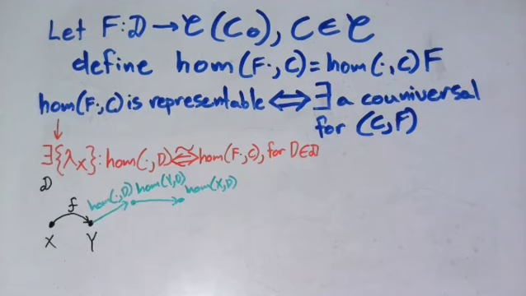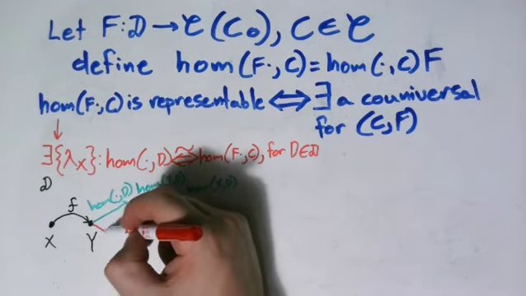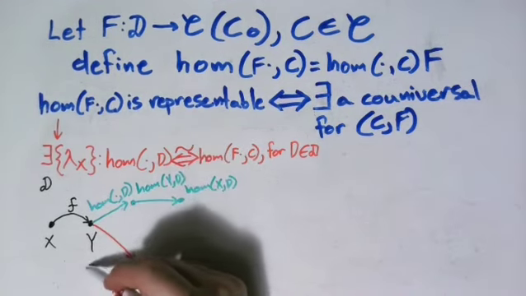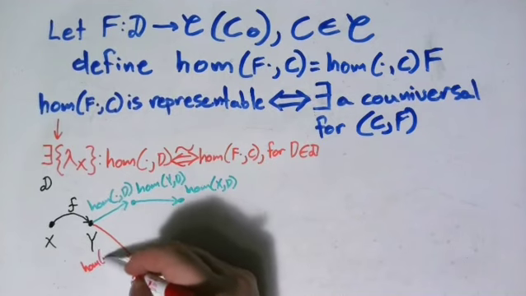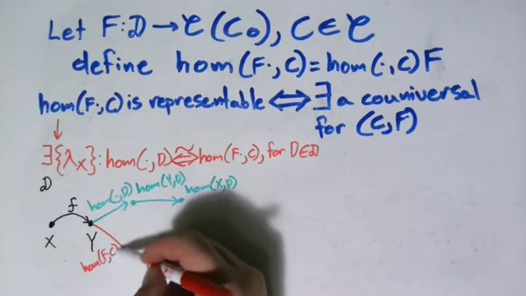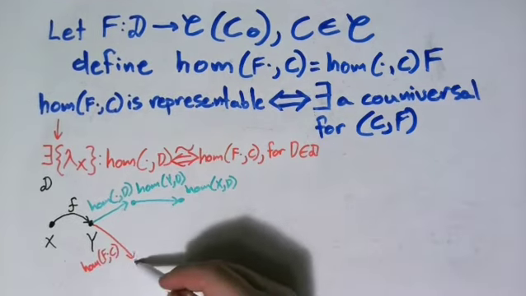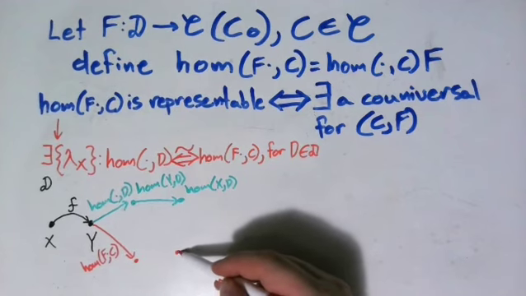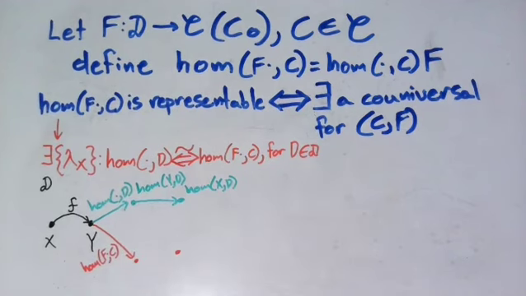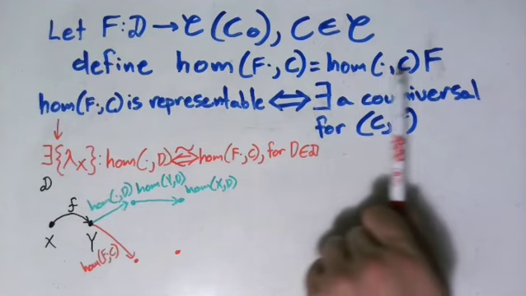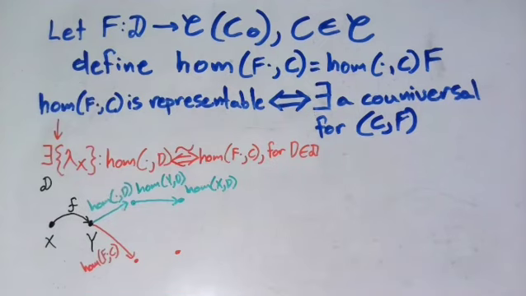And on the bottom we're going to have our functor of interest, home f blank c, and so of course that also needs to be contravariant, and that also explains why f needs to be contravariant, because we need the composition of these two to be contravariant.